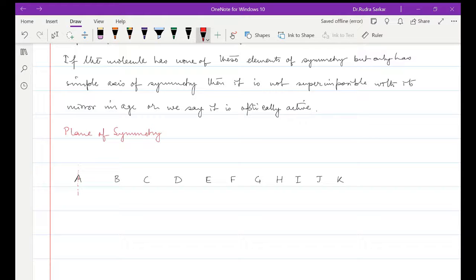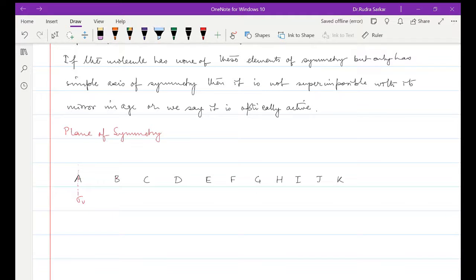So if you pass a line as I am showing for the letter A, this will be called sigma V. That means the plane of symmetry is lying vertical with respect to the letter that I am trying to divide into two equal halves.